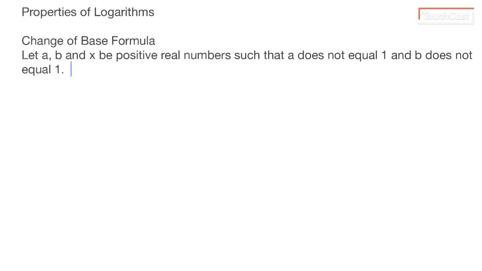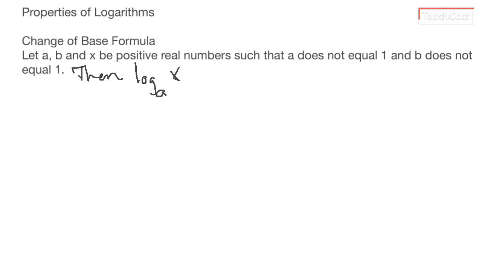Then we can say that the log with a base of a of x can be written with a different base as follows.